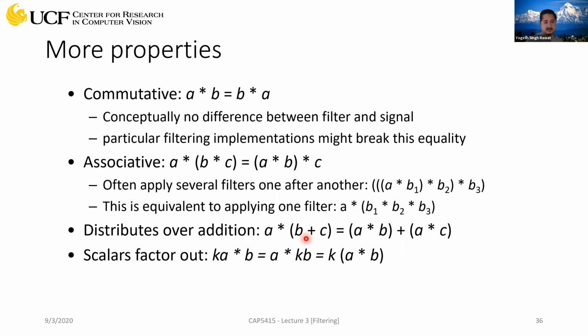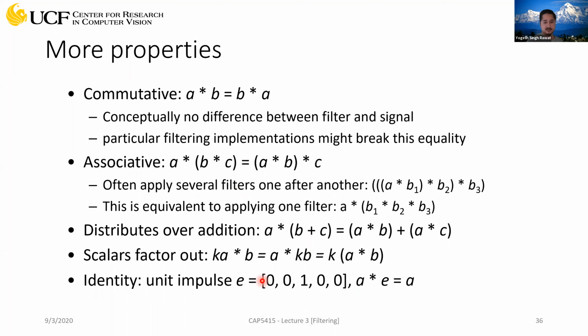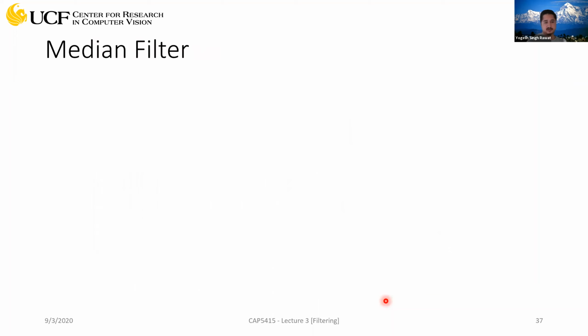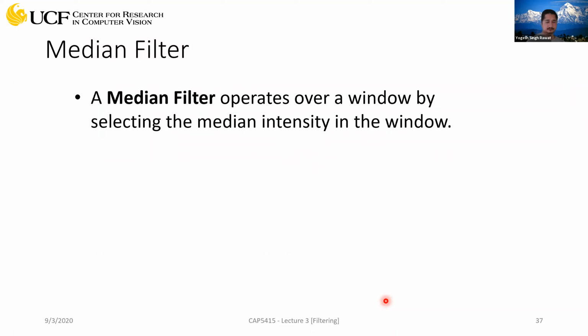Okay, so scalars factor out, that's fine because it's just element-wise matrix multiplication. Whether you are scaling the individual values or scaling the whole matrix, it's the same thing. And this is just a unit impulse. It's not going to change the values of the input image.